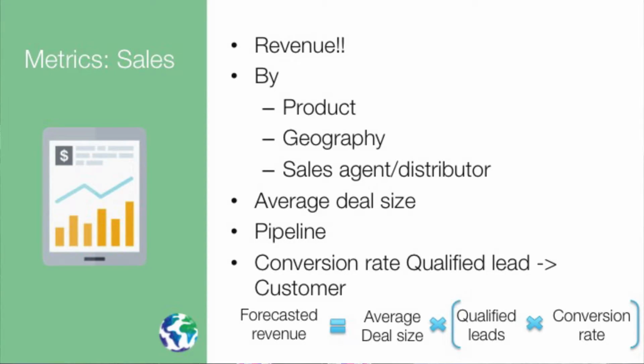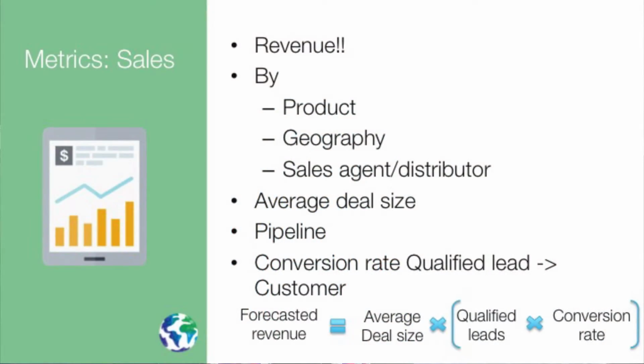What does your pipeline look like? You've got people that are early in your sales cycle, and then of course you run down to what's closed. But you should have visibility throughout the pipeline and what's transitioning between just showing interest to now they're a qualified lead. So you should have your pipeline defined and have visibility to that.